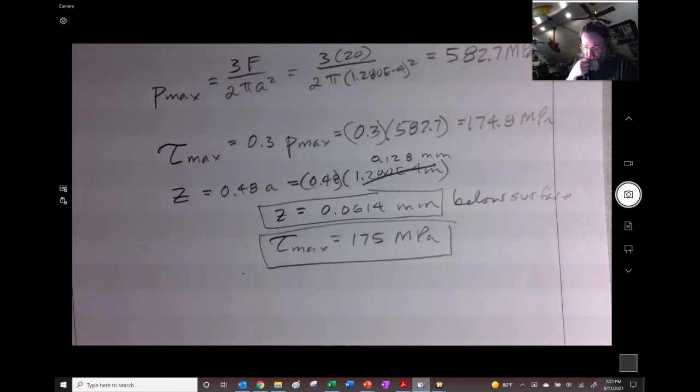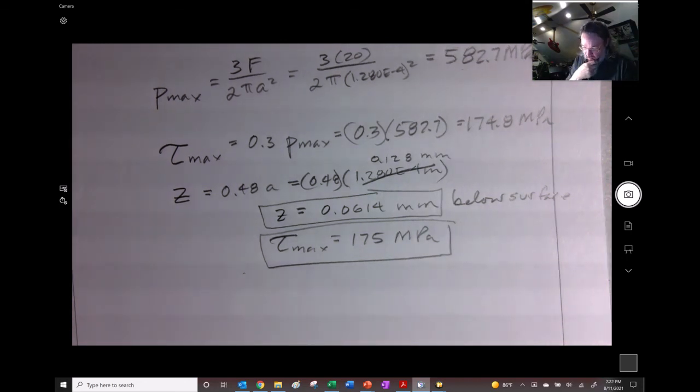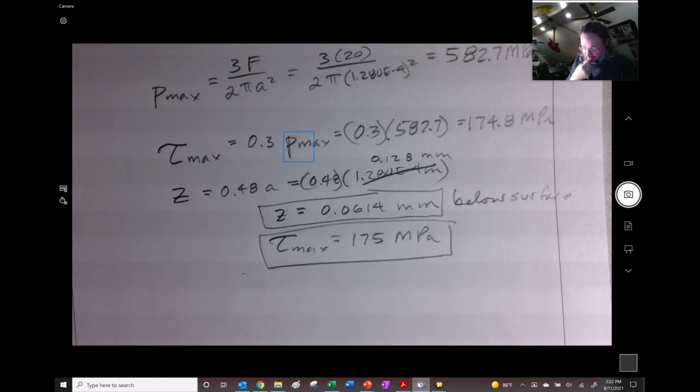And I compared it to my Excel plot and estimated that if I adjusted for the Poisson's ratio that I had selected for that material, I got about a 2.5% difference in the location, and about a 6.4% difference if I used the correct Poisson's ratio.